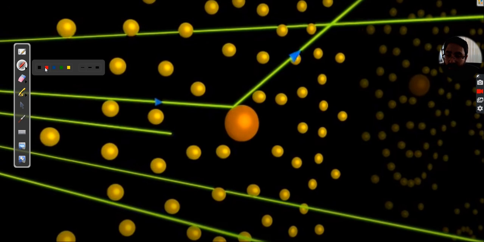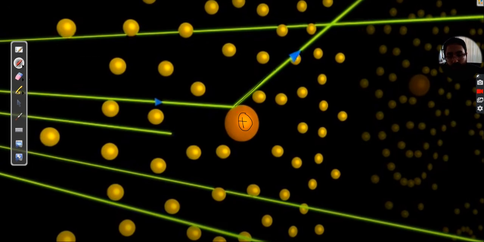So Ernest Rutherford discovered the proton, and he said the existence of the proton explains the radiation, the beam of alpha particles, being deflected at sharp angles because they hit something super dense with a positive charge.